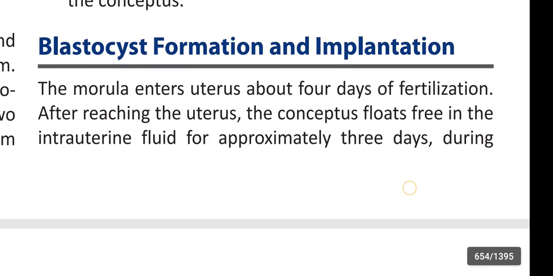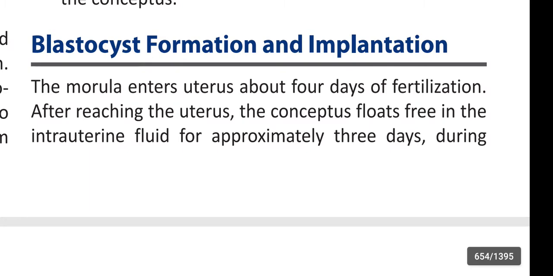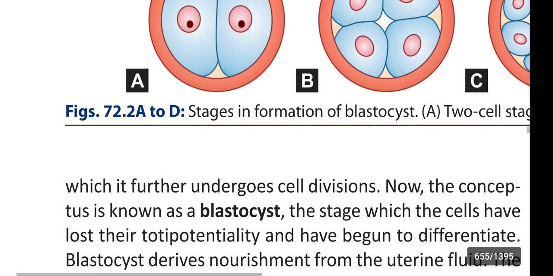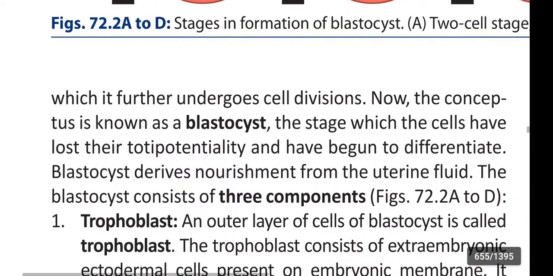Blastocyst formation and implantation. The morula enters the uterus about 4 days after fertilization. After reaching the uterus, the conceptus floats freely in the intrauterine fluid for approximately 3 days, during which it further undergoes cell divisions.